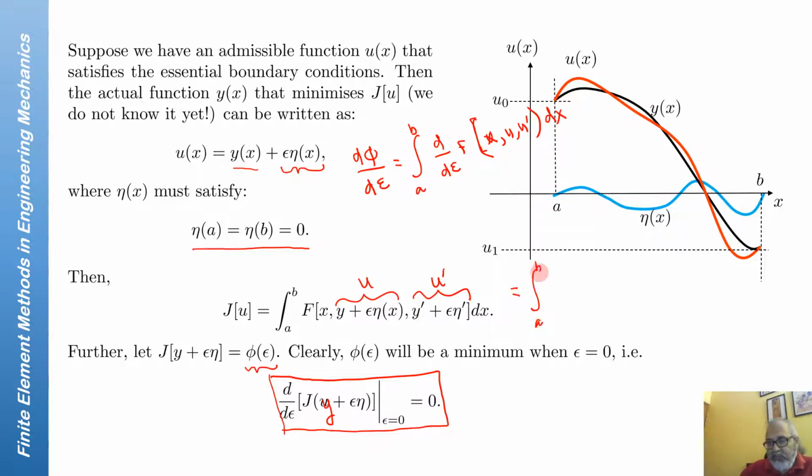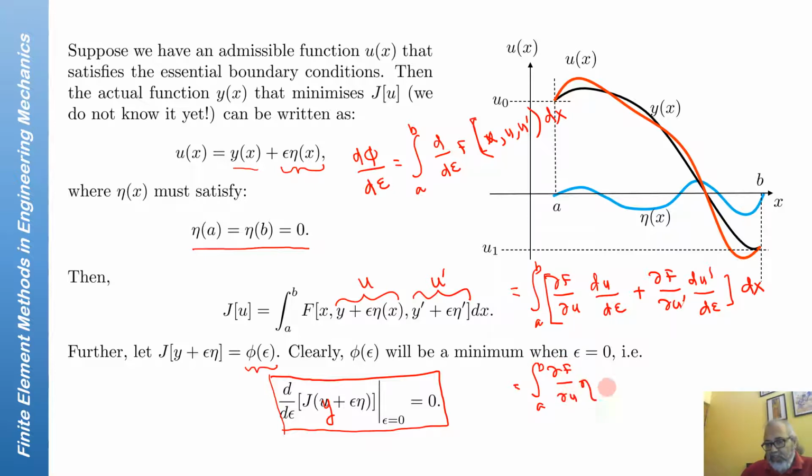We get the integral from a to b of del f by del u times du by d epsilon, plus del f by del u prime times d u prime by d epsilon, dx. And du by d epsilon is eta and du prime by d epsilon is eta prime. So we can write this as the integral from a to b of del f by del u times eta plus del f by del u prime times eta prime, dx.